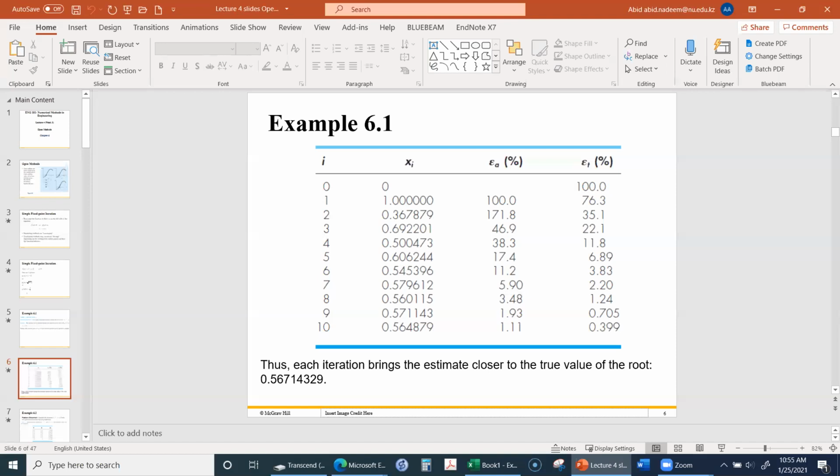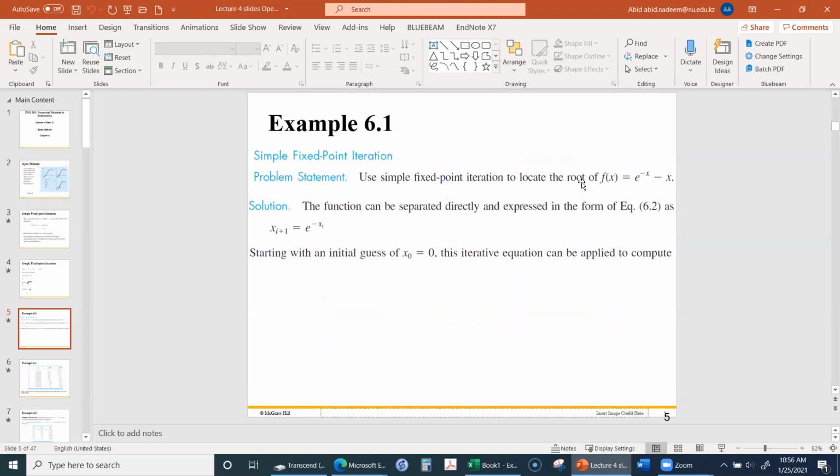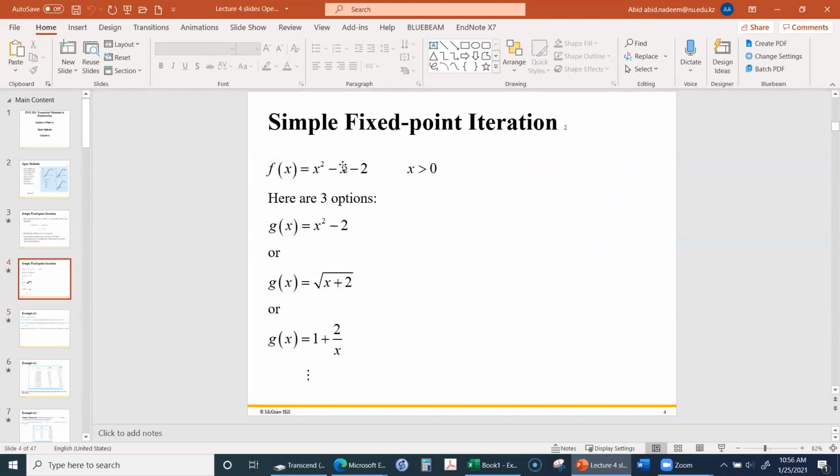The fixed point iteration method depends very much on how you have chosen the initial value, and what is the shape of the equation, which type of function g of x you are using. For example, in this case, there are three different possibilities. Some of the formulations will give you quicker results, but some may not, or may even diverge as well.